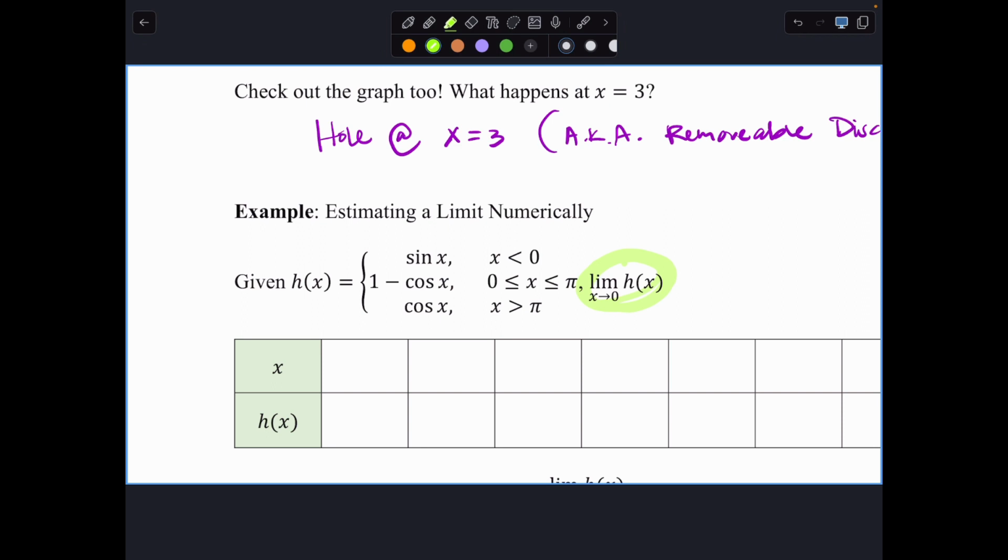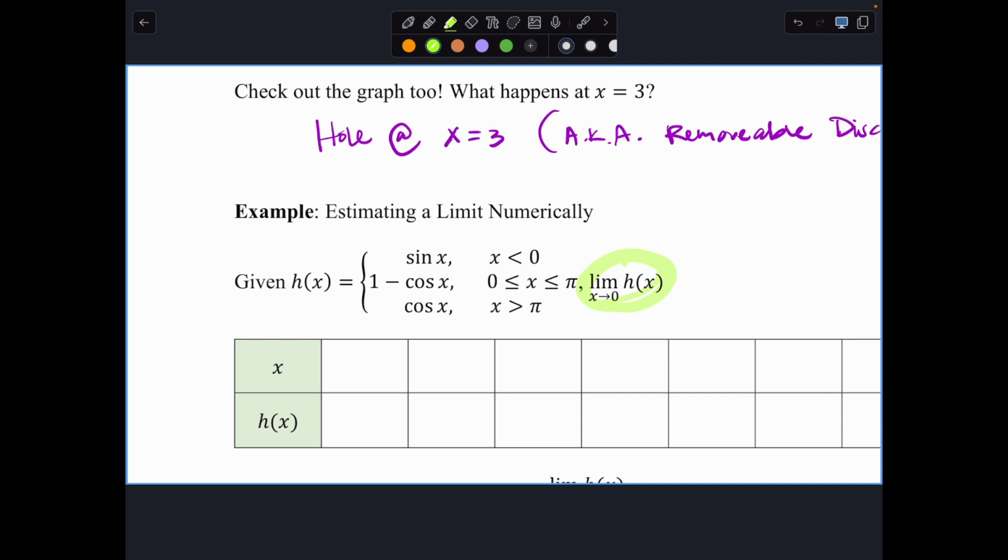So the way that I would type this in is, you have y1, right? You have the rule, so sine of x, and then you do x less than 0, and you hit second math, and you choose the correct one, and then 1 minus cosine of x. You would want to type that in as x greater than or equal to 0.